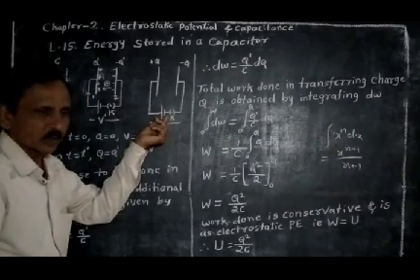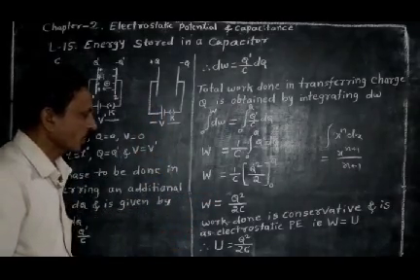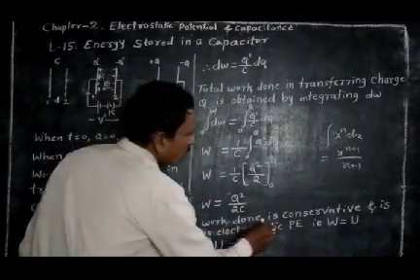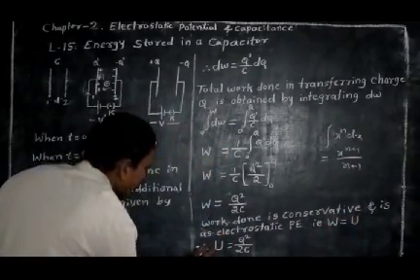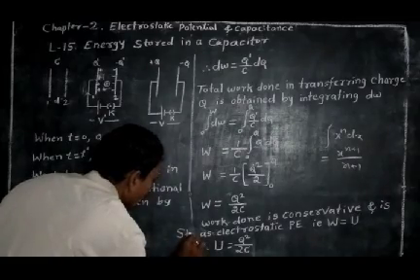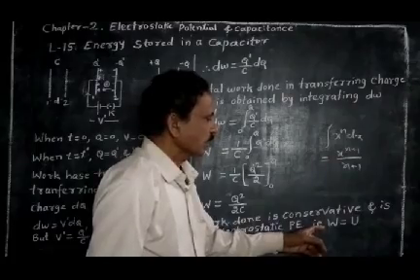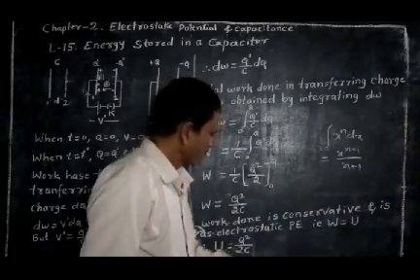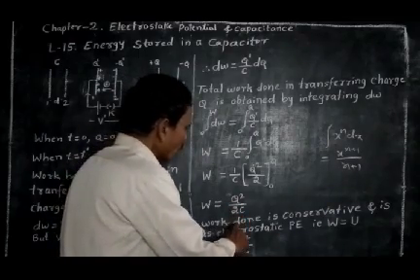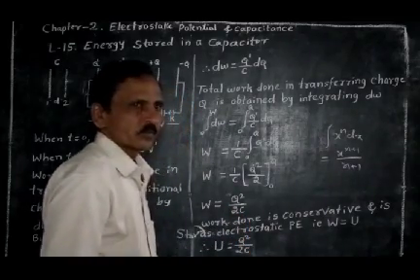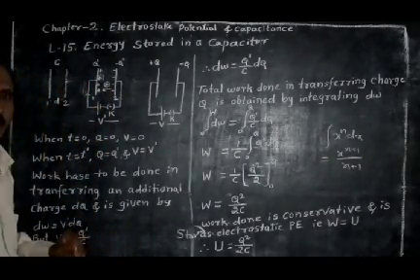Hence, work done is conservative and is stored as electrostatic potential energy, that is W equal to U. Hence, U is the potential energy, U equal to Q square upon 2C. This is the expression for energy stored in a capacitor.